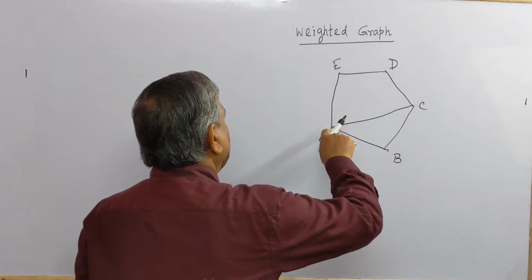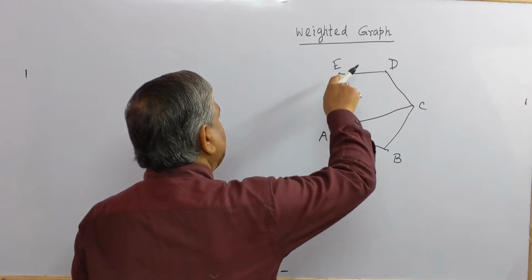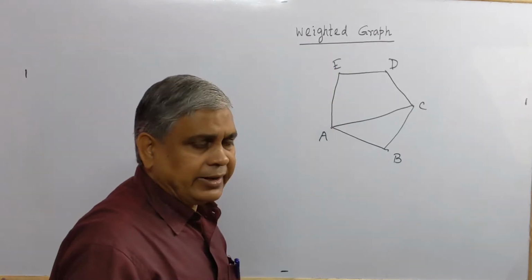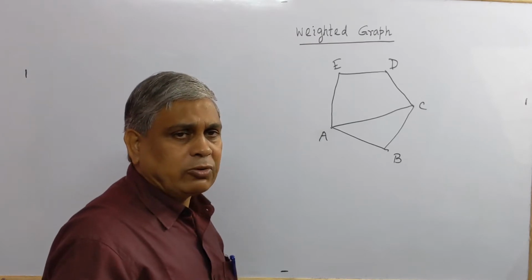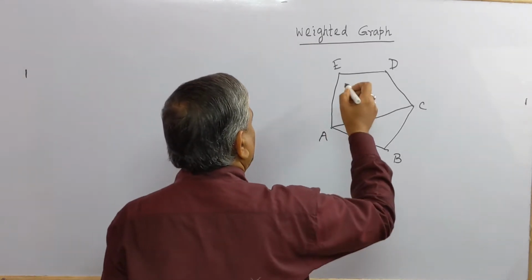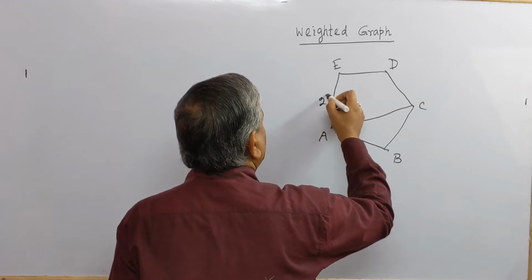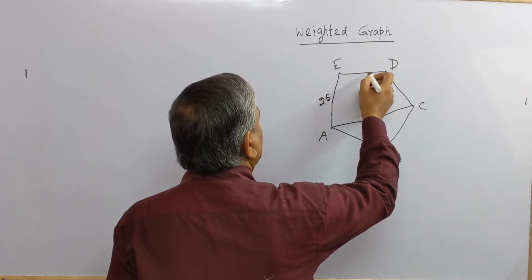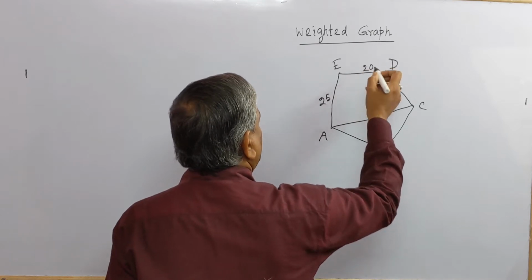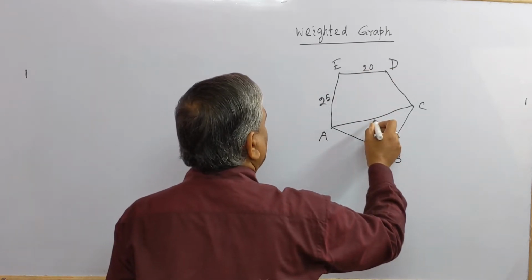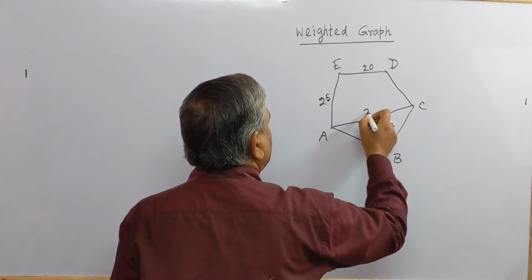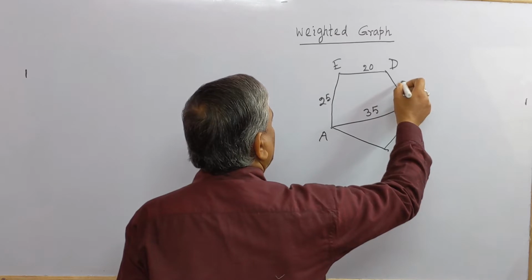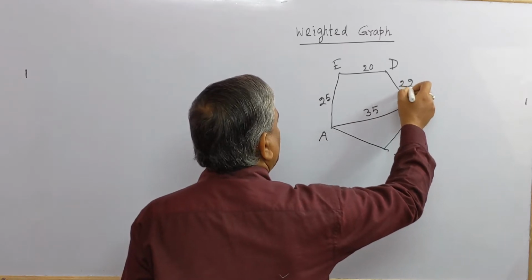Since AE be the road connecting two cities A and E, let the length of the road is 25 kilometer and length of this road is 20 kilometer. Length of this road is 35 kilometer. Length of this road is 22 kilometer.